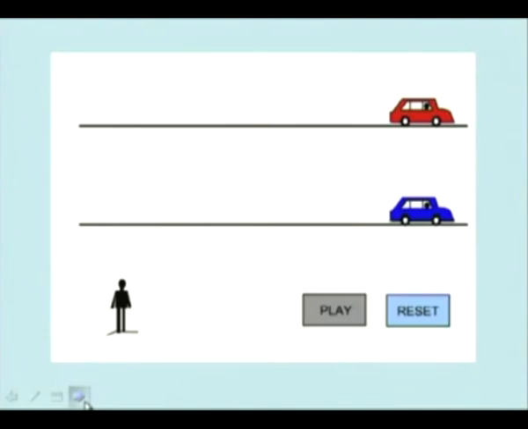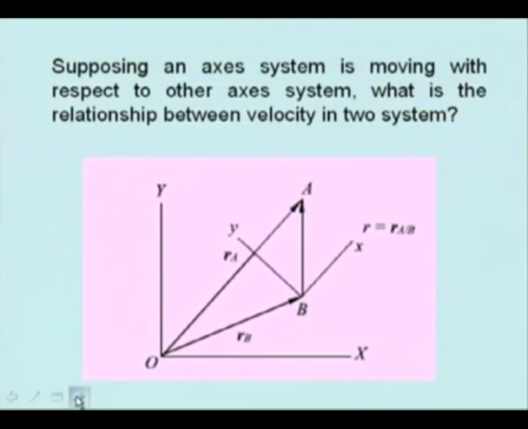However, since we have taken a rotating coordinate system, the middle particle does not observe the velocity of the particle at the end. Therefore, it all depends on what type of axis system we have chosen.